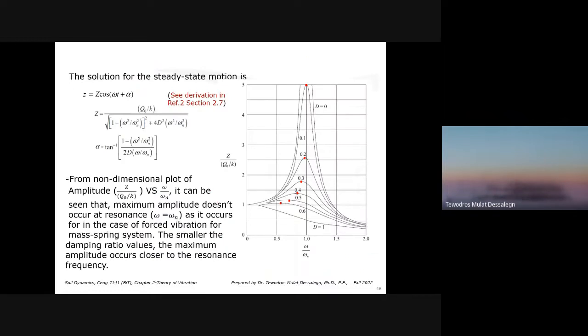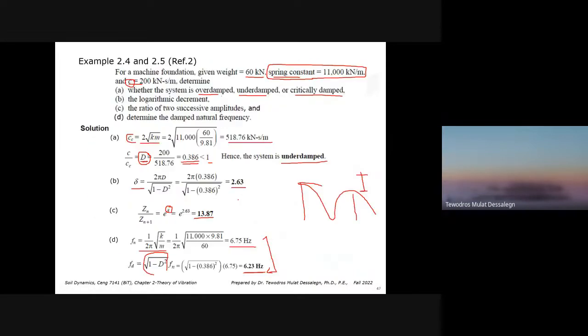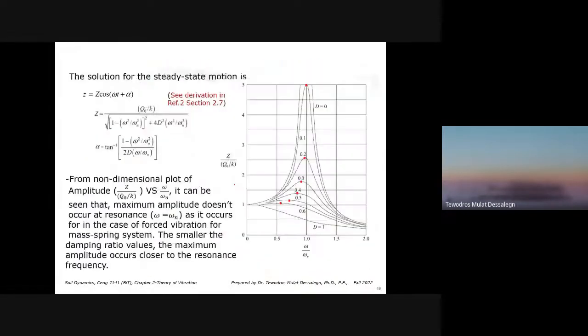If you have such a section, the solution for this steady state motion can be represented by Z equal to capital Z cosine of omega t plus alpha. This is just the solution of this general equation of motion with damping, with these constantly applied input motions. The detailed derivation of this solution, you can still find in reference to section 2.7.